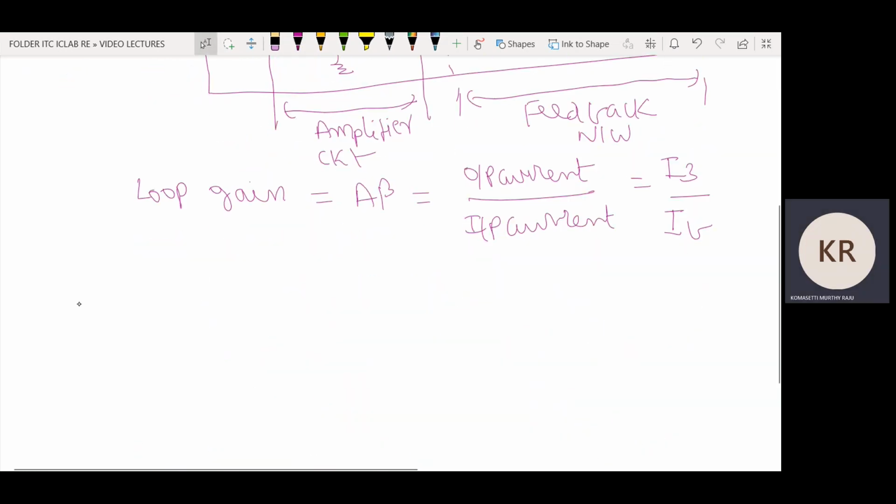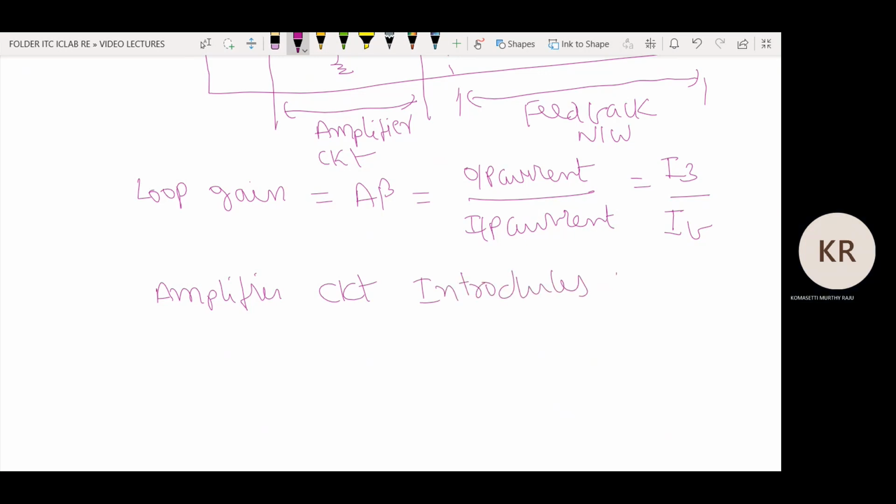Next, the second step is loop gain according to the Barkhausen criteria condition. The amplifier circuit introduces a 180 degrees phase shift.